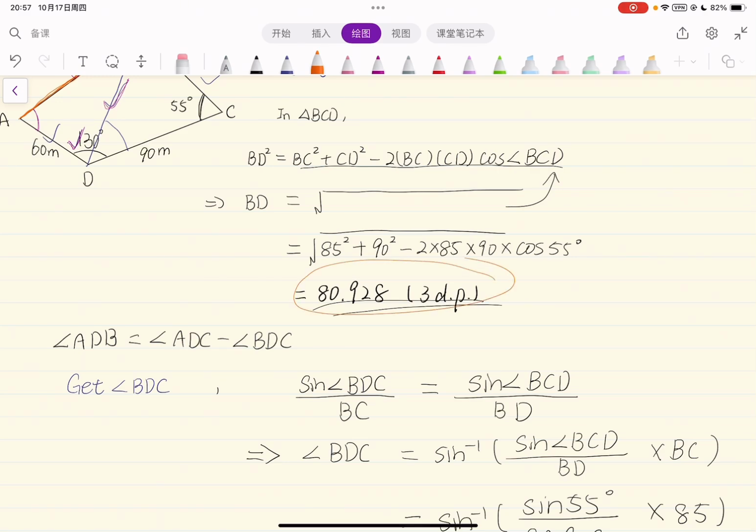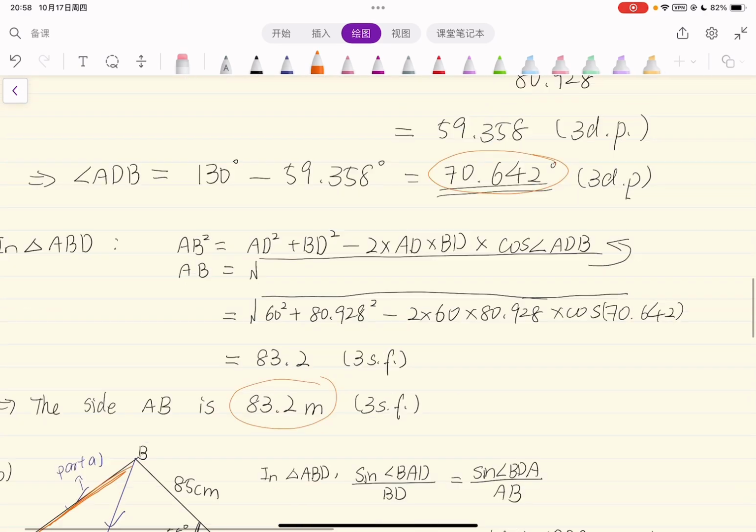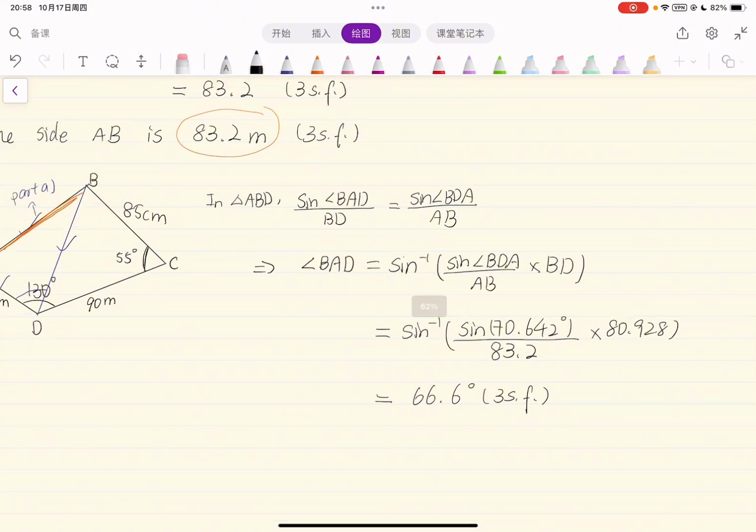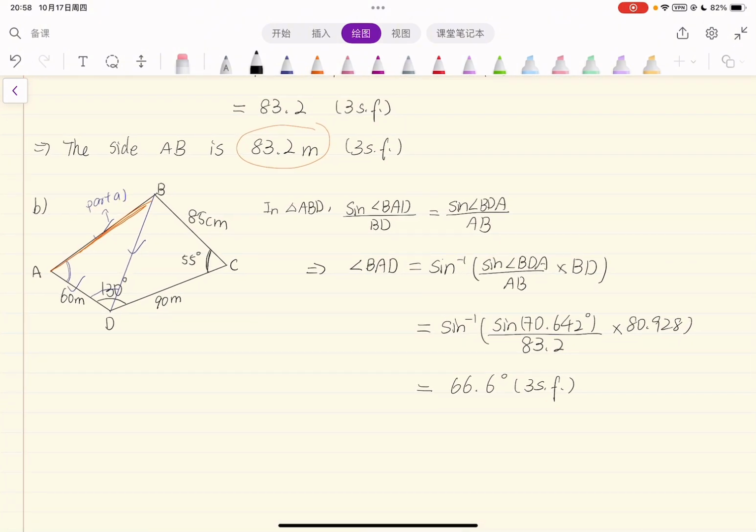So it's 80.928. We multiply it. Equals 66.6 degrees to 3 significant figures. That is the answer for part B.